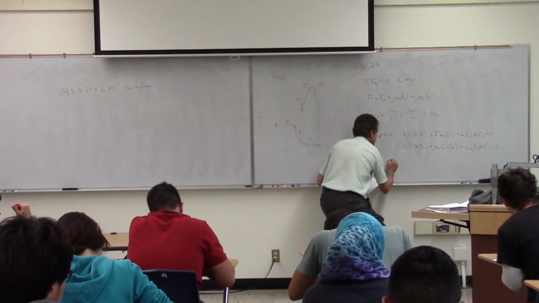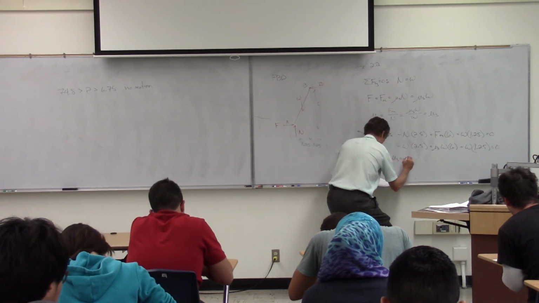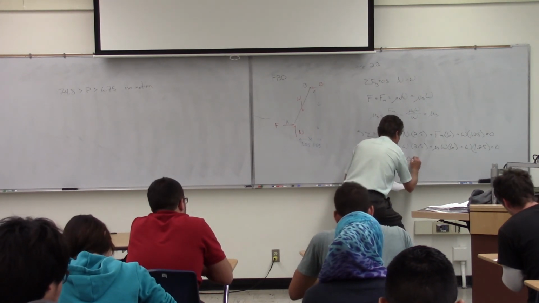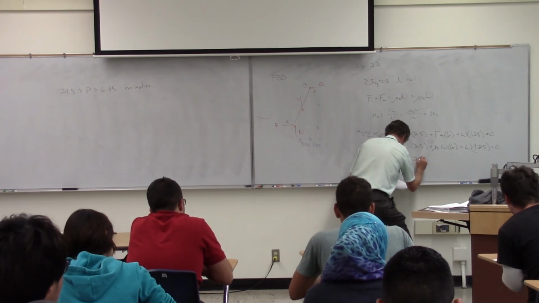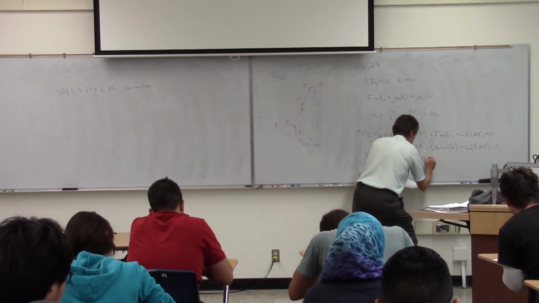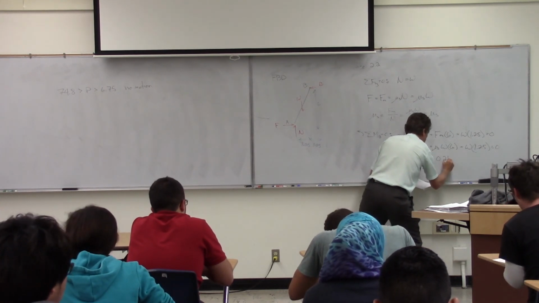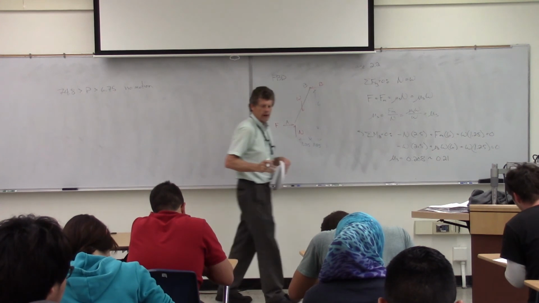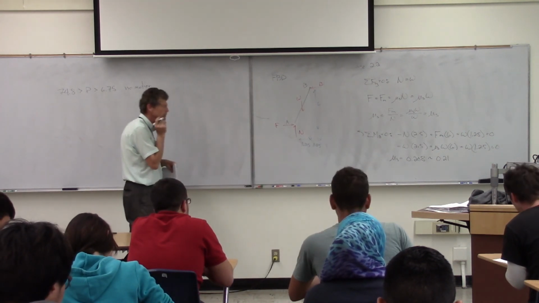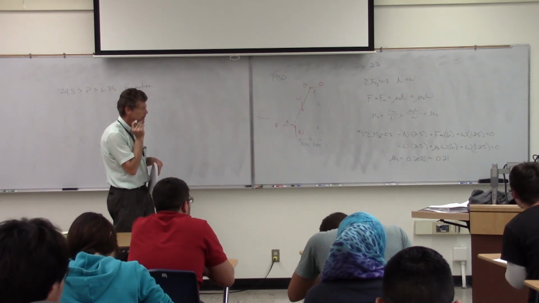And what we find then is that we end up having an equation just in mu of s. And then we can solve for that missing coefficient of friction. That's unitless.